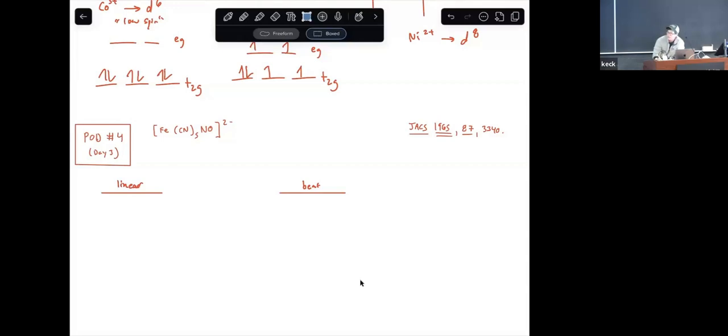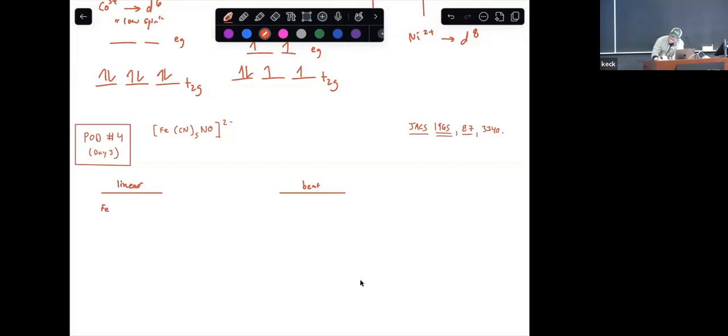What would you have here then for the iron oxidation state? Okay, so the cyanide group is -1, and we have a total charge of -2.